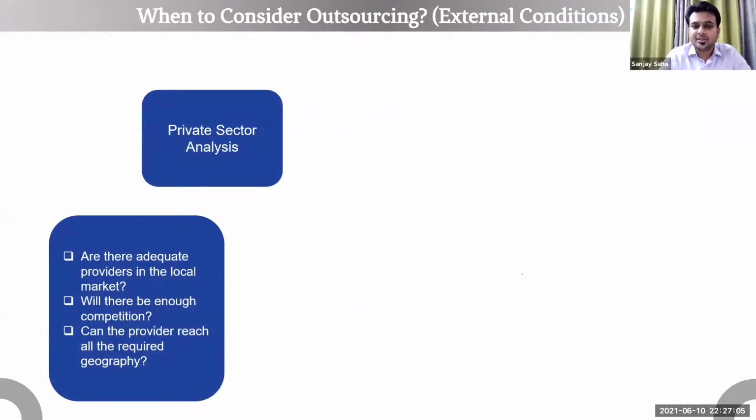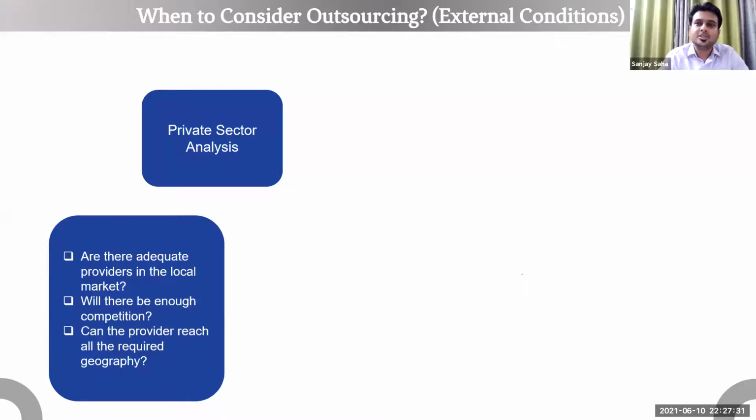And the first thing is analysis of the private sector market to understand actually who are the organizations who are going to do this work. For example, if you are outsourcing procurement, are there any organizations who can actually do the procurement process on the organization's behalf? Are there enough providers in the market so that there is healthy competition and you get the best price available for that service?